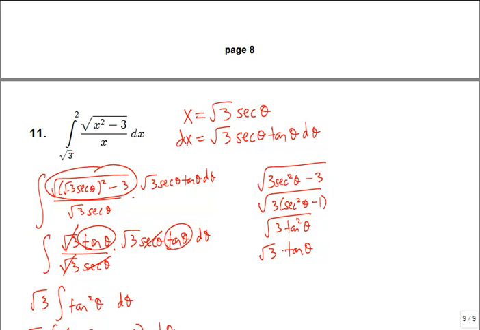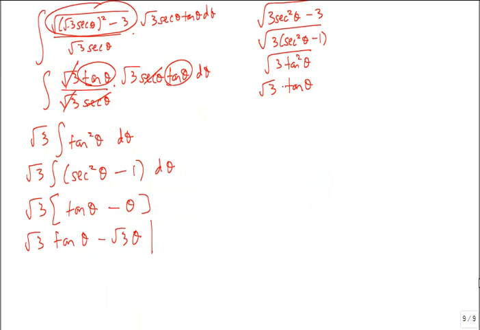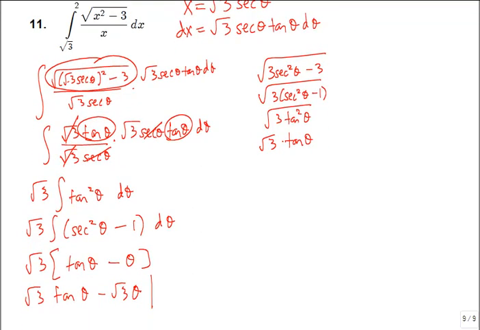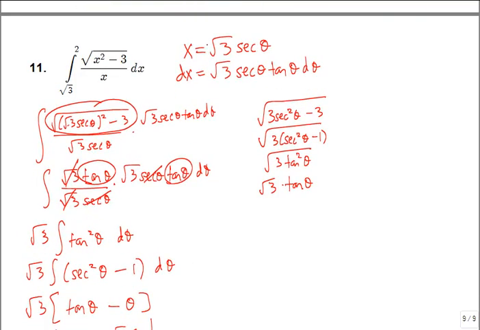What I find is sometimes easier to do on problems like this is to convert these x bounds into theta bounds so that I can just go right from here and plug in the two theta bounds and get my answer. So that's what I'm going to show you. To figure out how to do that, you need to go back to here, and we're going to use that for these two x values.